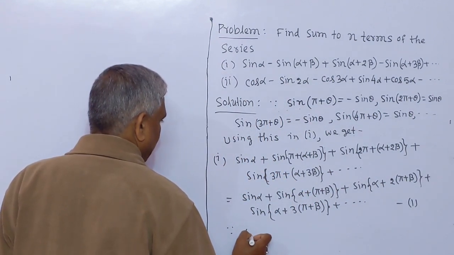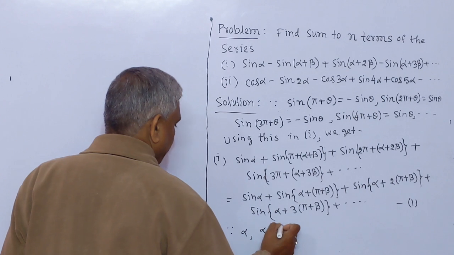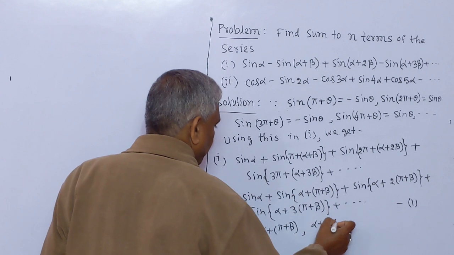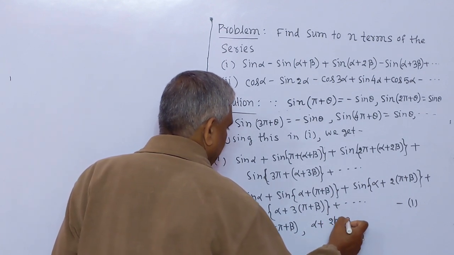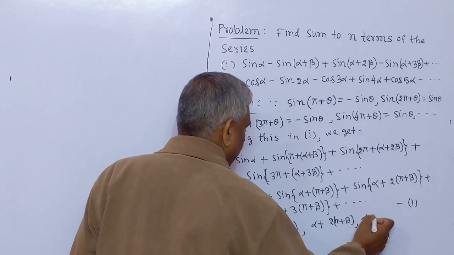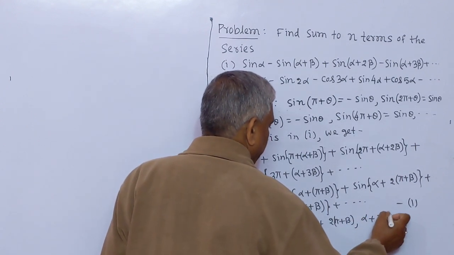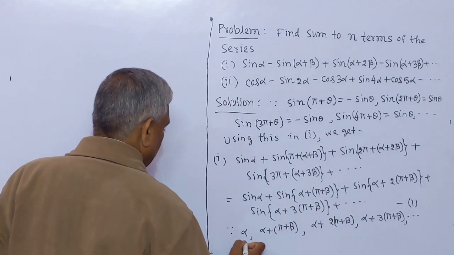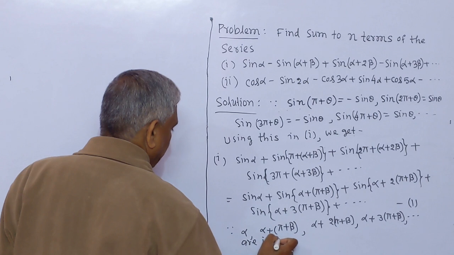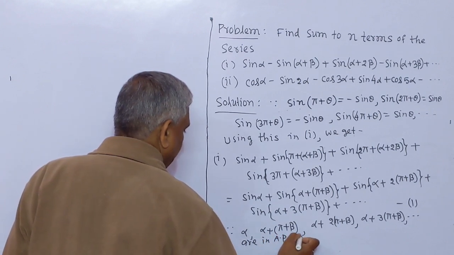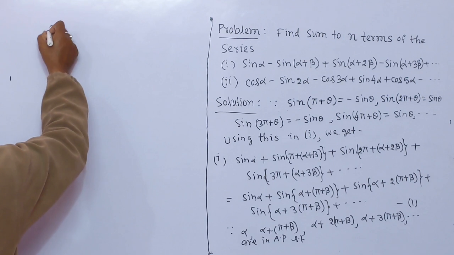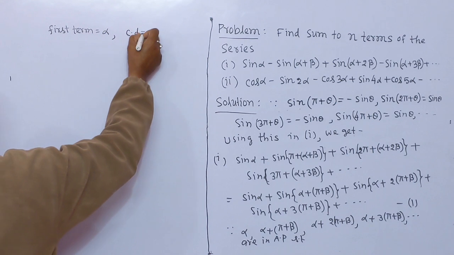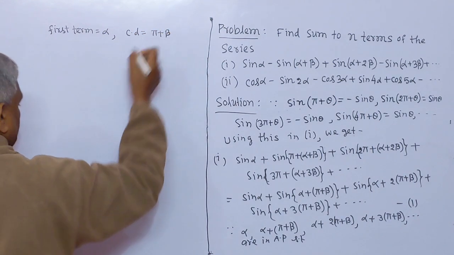Since alpha, alpha plus pi plus beta, alpha plus 2 pi plus beta, alpha plus 3 pi plus beta, dot are in AP, such that first term equal to alpha, common difference equal to pi plus beta.